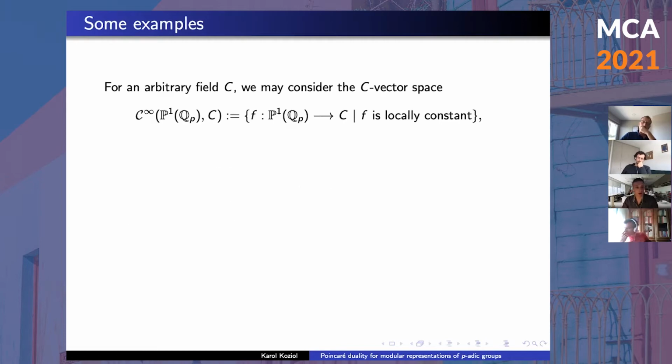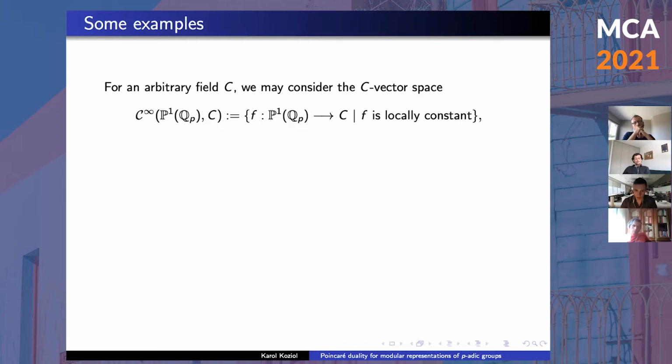So the next thing we're going to do is take an arbitrary field C and consider the following C-vector space: all C^infinity functions from P^1(Q_p) to the field C. What do I mean by C^infinity? Well, I haven't told you anything about this coefficient field C, so the only reasonable thing you could impose to get any notion of continuity is for your function to be locally constant.